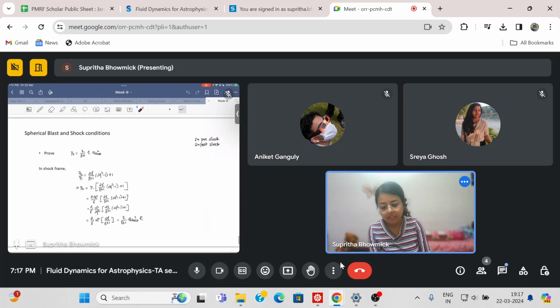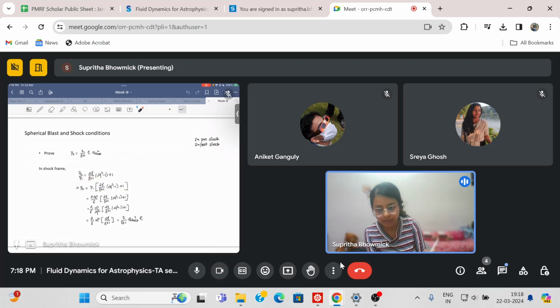All right. Next I'll have to prove that the pressure in the post-shock region is related to rho 1 and u shock by this relation. Now, if you remember, we derived the jump conditions in the shock frame. P2 by P1 was given by this. So I pull P1 to the right hand side.